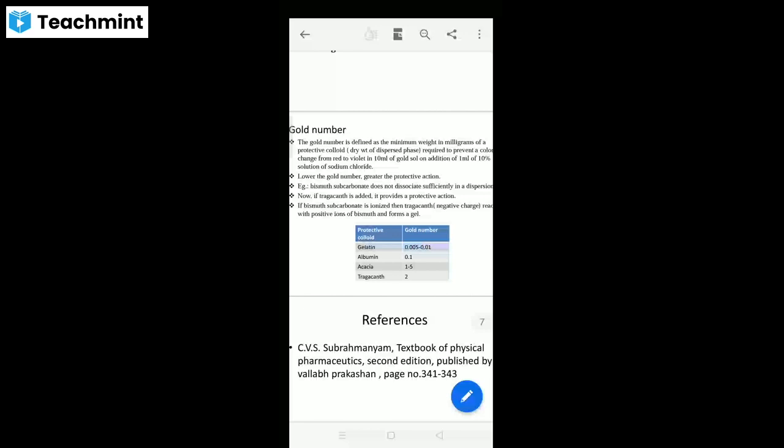And if it gets protected from the sodium chloride solution, the color change will be prevented. The red to violet color change will not occur. Now everybody got the clear thing? If anyone has a doubt, please tell me. I am requesting you.